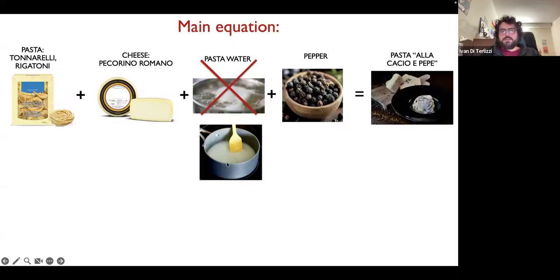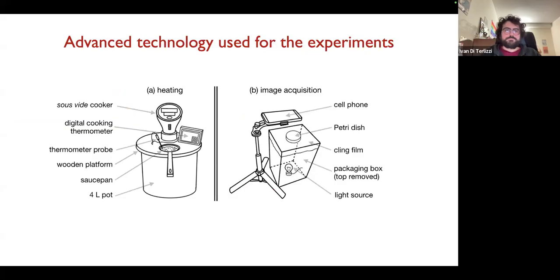Instead, if you buy powder starch, you can really measure how much starch you are using, and then you put it in water, you bring it to a boil, and you get this gel. I hope you get a little bit the color of this gel: it's opaque and very viscous. But this is a starch gel. Starch gel allows us to perfectly control the amount of starch in the sauce and allows us to study the physical properties of the sauce.